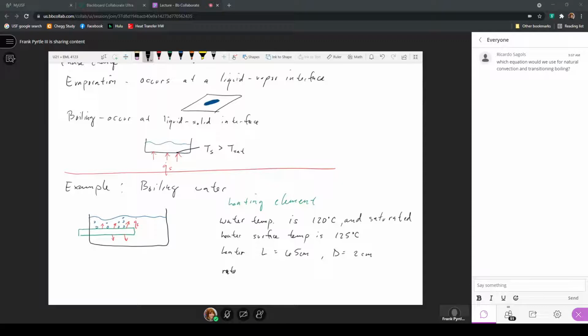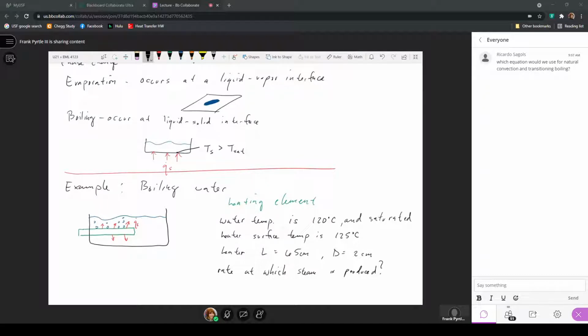So we can just add another concept here. What is the rate at which steam is produced, which is just the vapor bubbles. So here we have to calculate a few things.